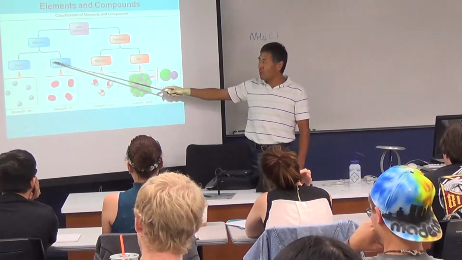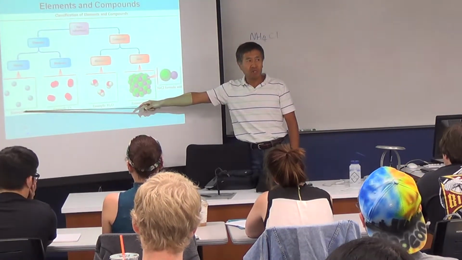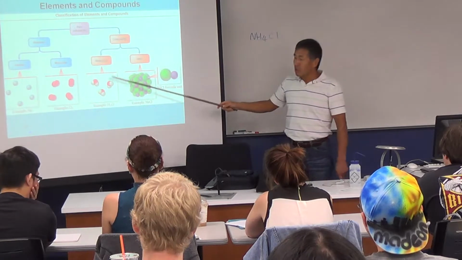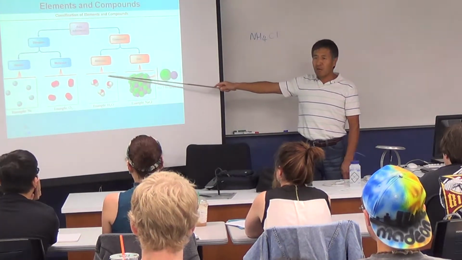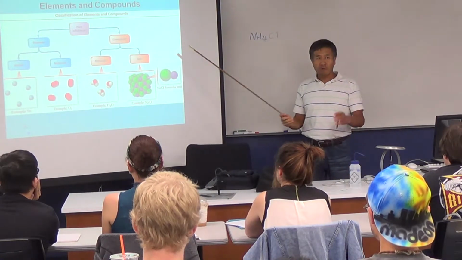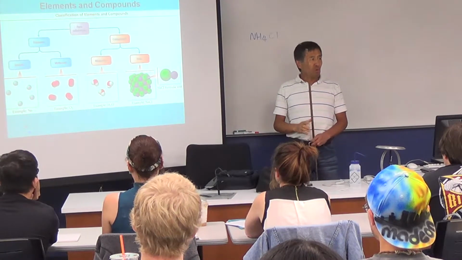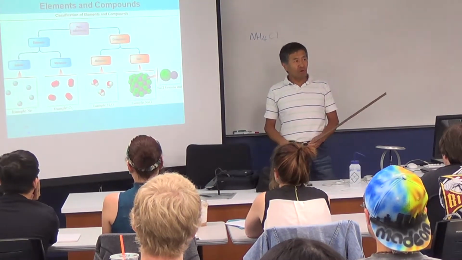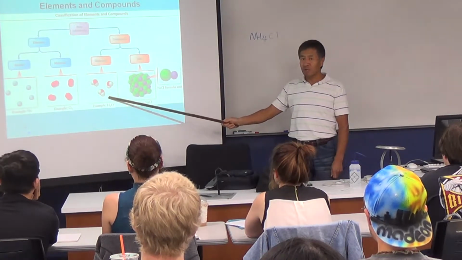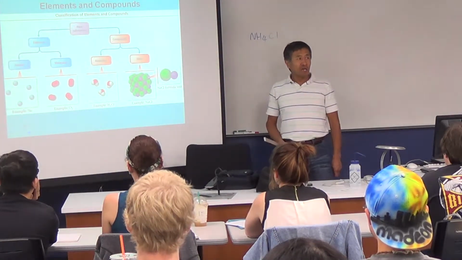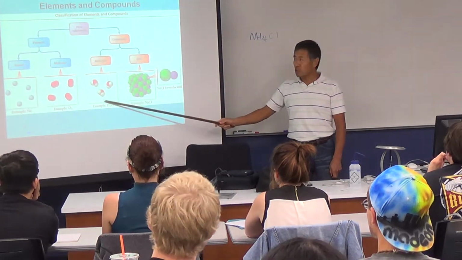Elements can be molecular elements or atomic elements, and a similar idea applies to compounds. A compound, as we know, is a combination of different types of atoms. Then we know what type of force or bond combines those different atoms. According to that, we say compounds can be molecular or ionic.